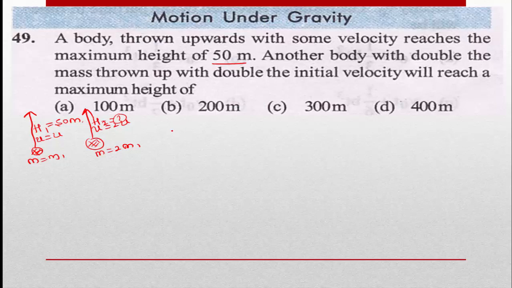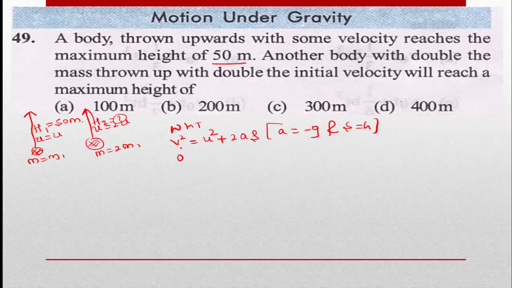We know the formula, the third kinematic equation, that is v square is equal to u square plus 2as. But in this condition, a is equal to minus g, because the body is moving upwards against the gravity, and s equal to h.